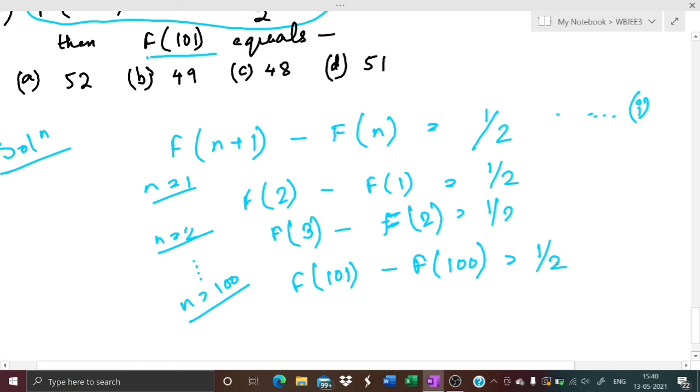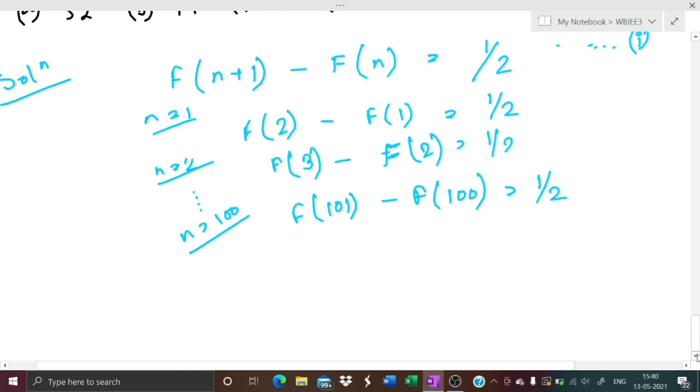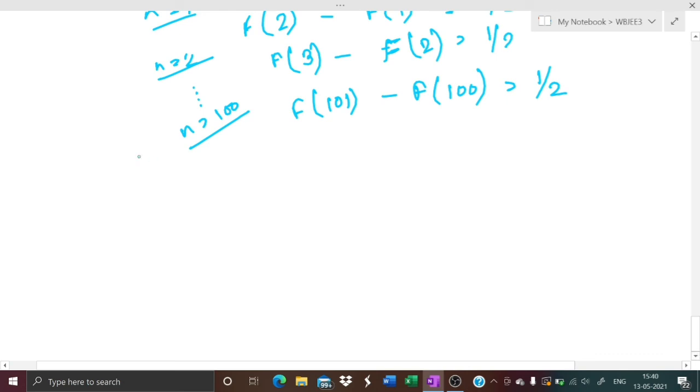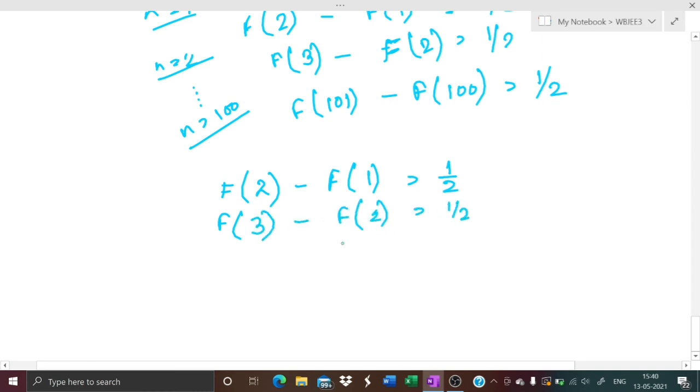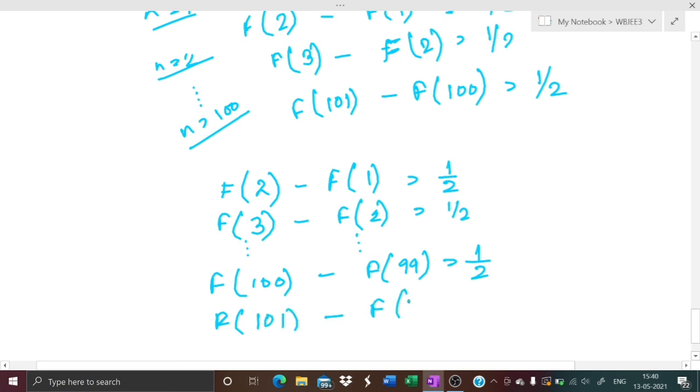Now if you add all the equations from n equals 1 to n equals 100, it would look like this: f of 2 minus f of 1 equals half, f of 3 minus f of 2 equals half, and so on, and f of 100 minus f of 99 equals half, and f of 101 minus f of 100 equals half.